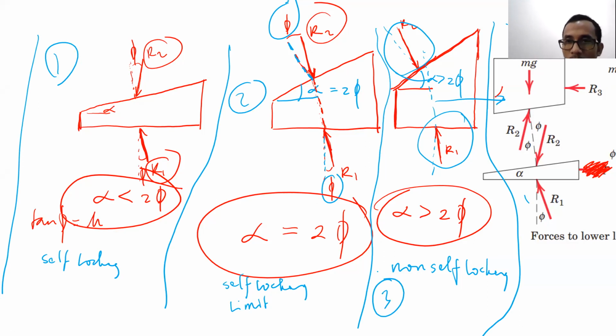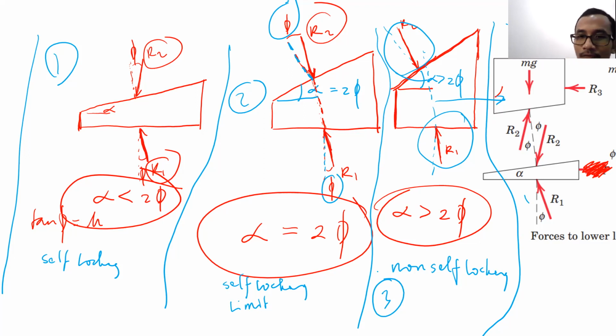Basically, if the wedge has an alpha, the angle of the wedge, that is too big, there will be no self-locking condition. After the pushing force is gone, the wedge will move by itself. The wedge will pull itself out like that.